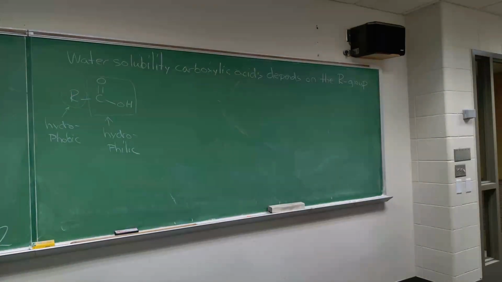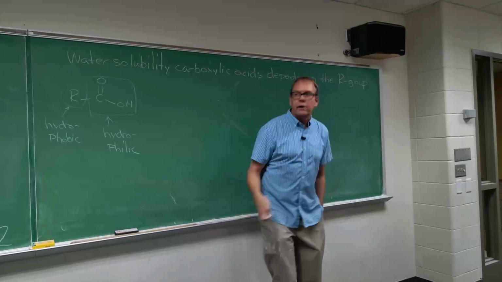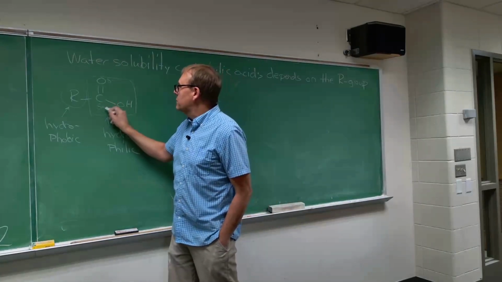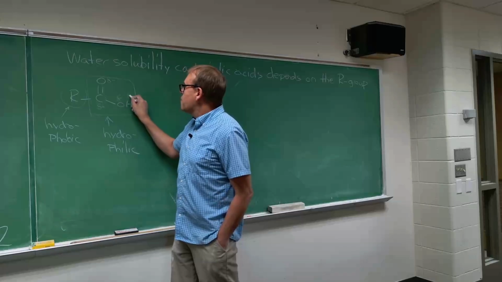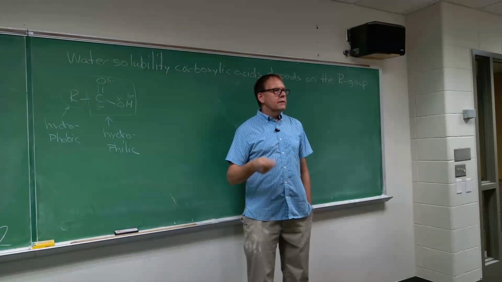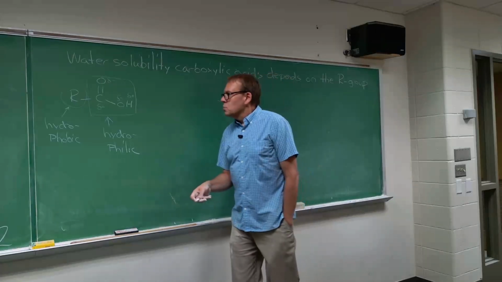So the molecule sort of has a split personality. Part of it wants to associate with water, and remember, the reason is it has all these partial charges, which makes it water-like. It's behaving a lot like water in this sense, in that it's polar, basically.